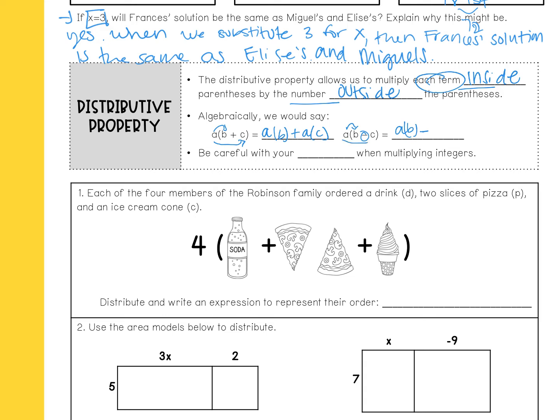Distribute our A to our C. And A times B minus C is the same as A times B minus A times C. So we want to be careful with your signs when multiplying integers. We want to make sure that we keep the signs where they need to be.